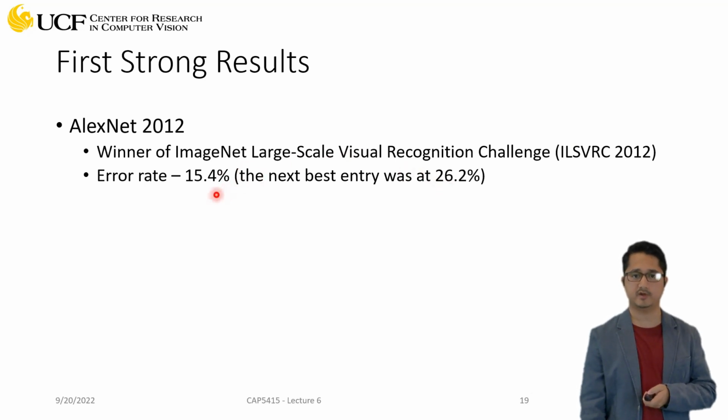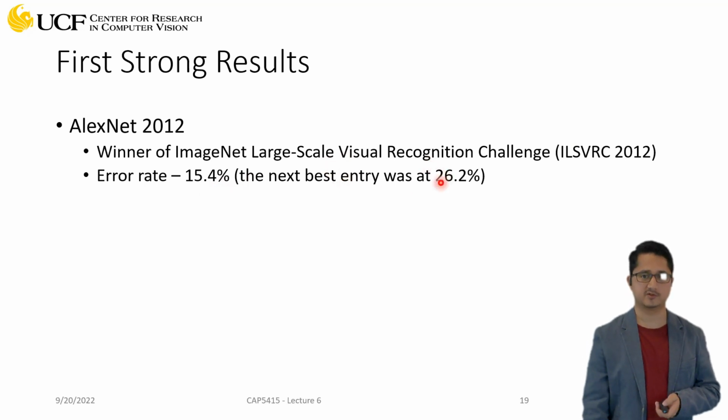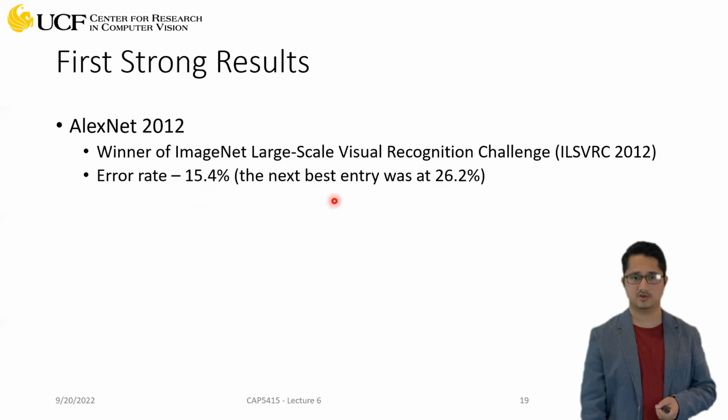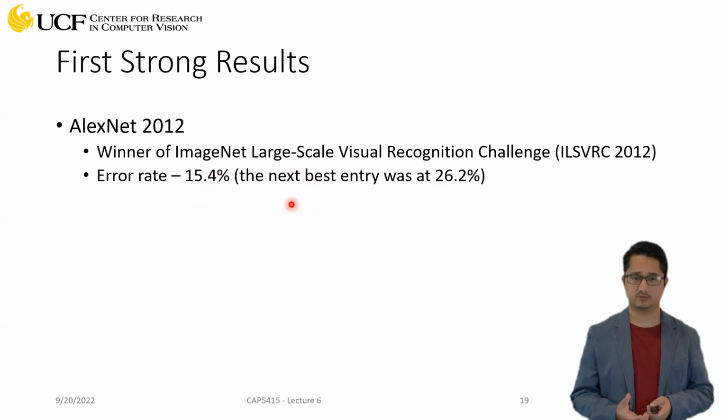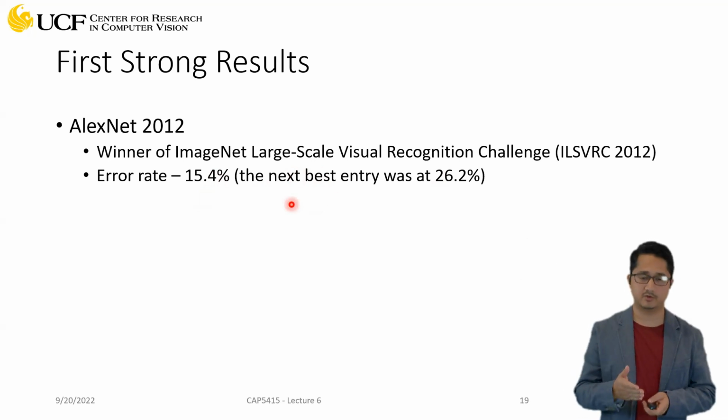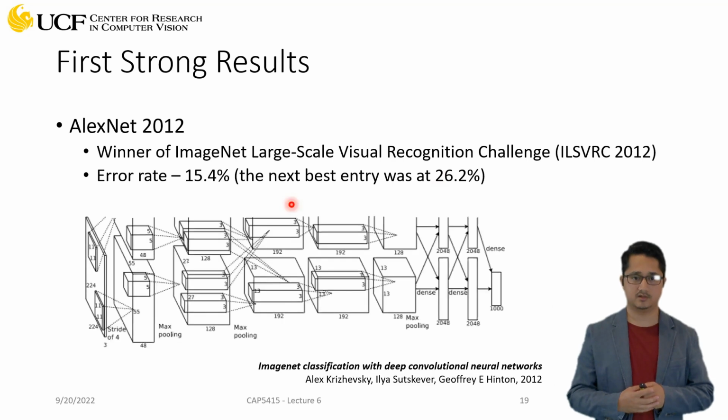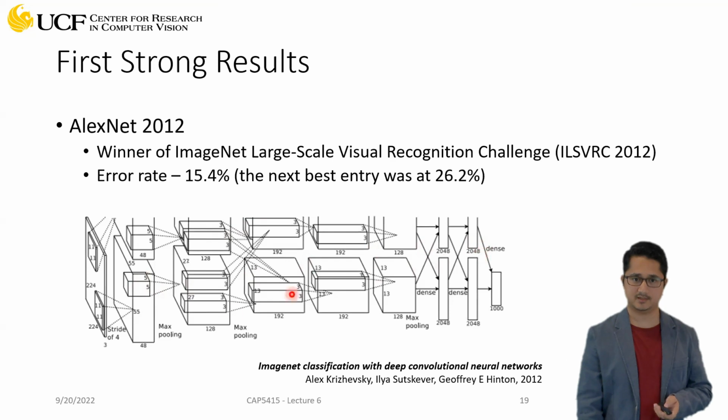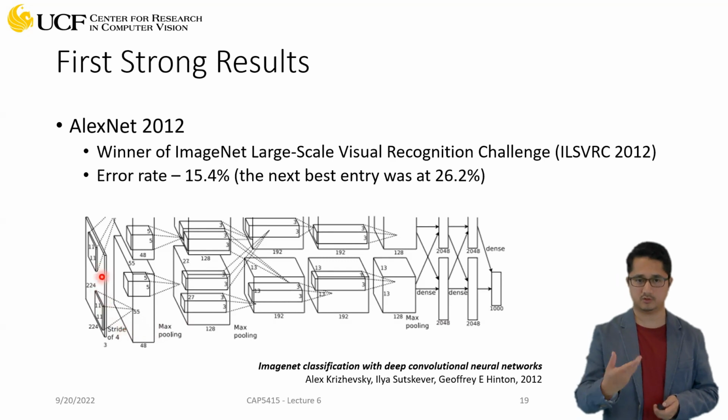It dropped from 26 to 15. The next best entry was at 26%, which was not using CNNs. So this was a big breakthrough, and that's when the deep learning revolution started. That was the architecture used in AlexNet, and you can see it's almost the same as what we saw in LeNet. This is the input. Again, we are going to talk about this architecture in more detail when we do the case study.